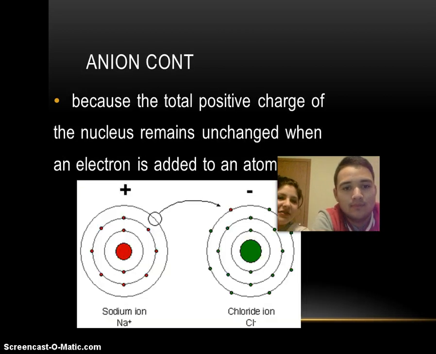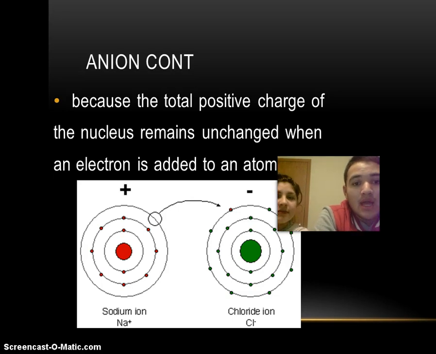The total positive charge of the nucleus remains unchanged when an electron is added to an atom or an ion. In this picture, you have two types of atoms, sodium, which is positive, and chloride, which is negative. Sodium loses an electron and chloride gains an electron.